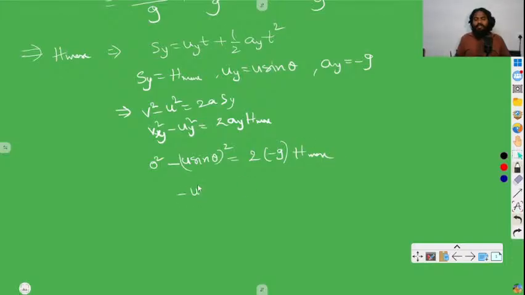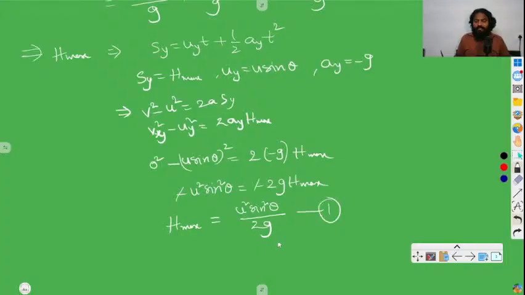Now minus u square sin square theta is equal to minus 2g h max. The minus signs cancel, so h max is equal to u square sin square theta by 2g. This is the formula for the maximum height reached by the projectile during its journey vertically. Clear? This is about h max.